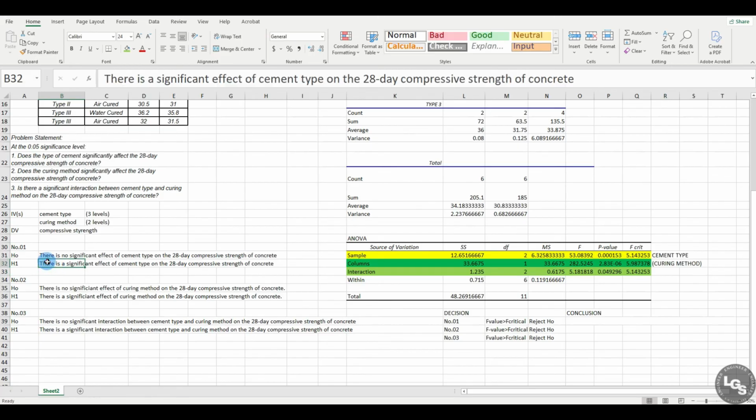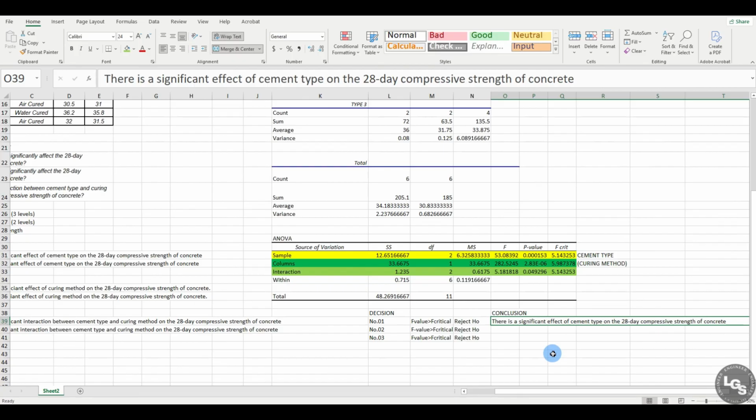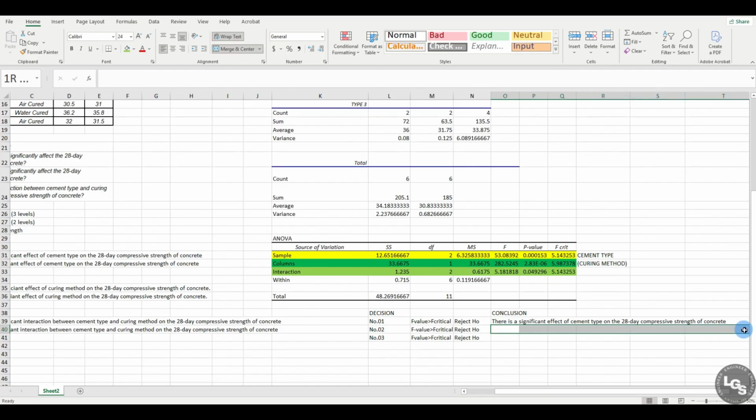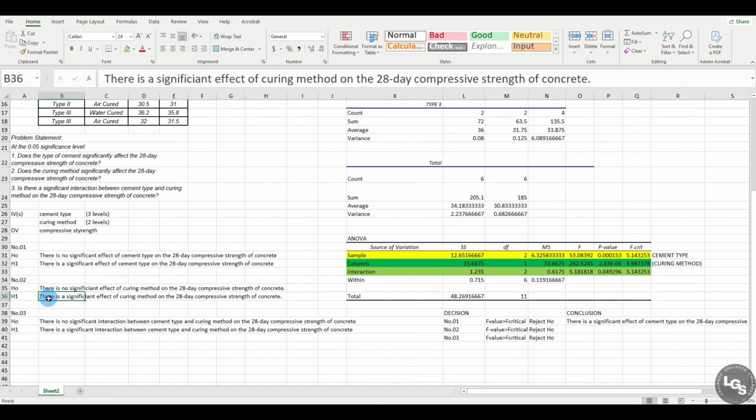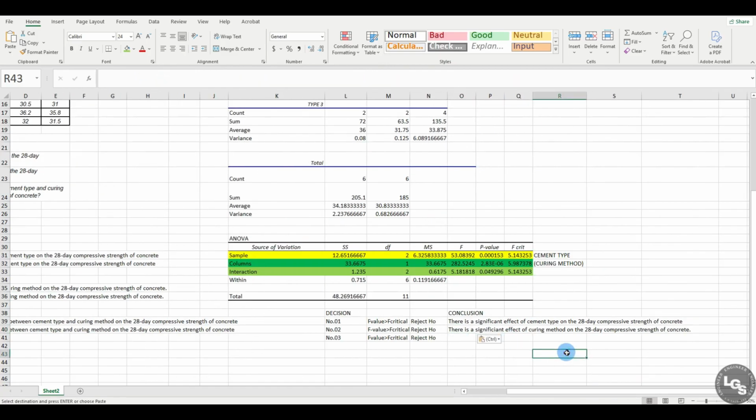So we can just copy this: we have rejected the null hypothesis in favor of the alternative hypothesis. The same with question number 2. We have rejected the H0, so that is in favor of the alternative hypothesis. There is also a significant effect of the curing method.